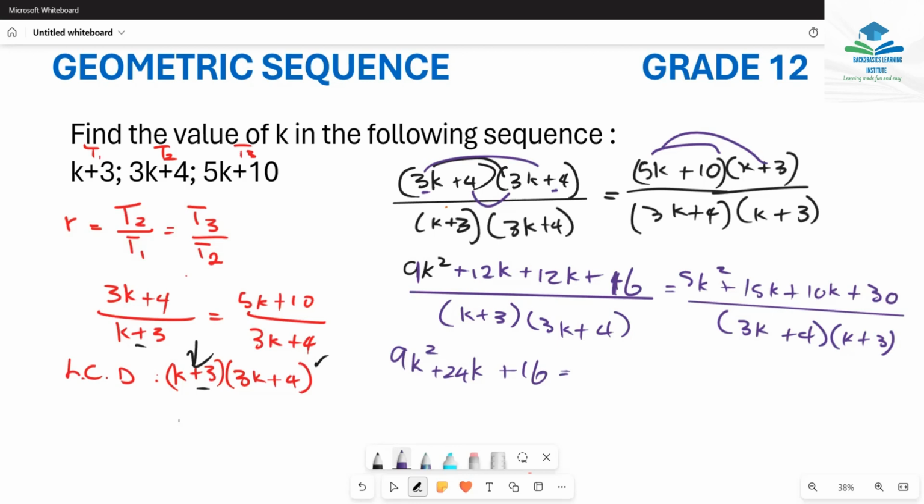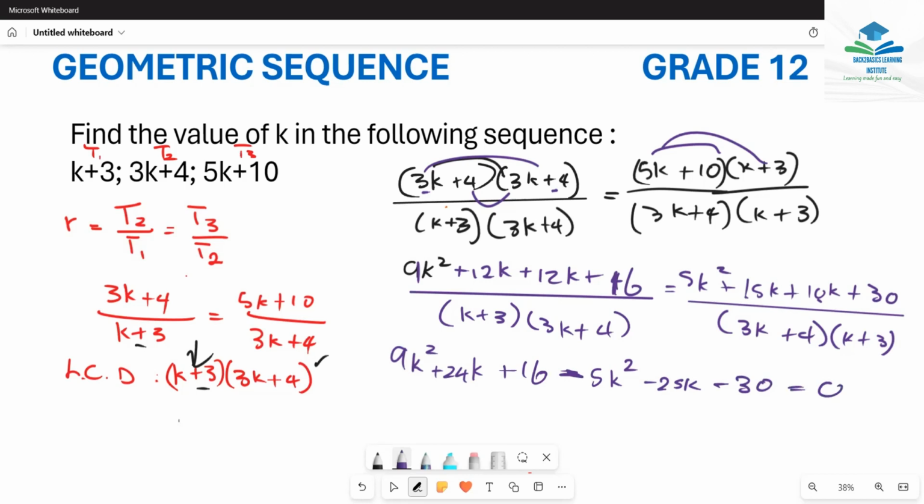Now when you come to this side, let's say you subtract 5k squared. Remember this 15 plus this 10 is going to give you 25, so this is going to subtract 25k, and then subtract 30, is equal to 0, right?